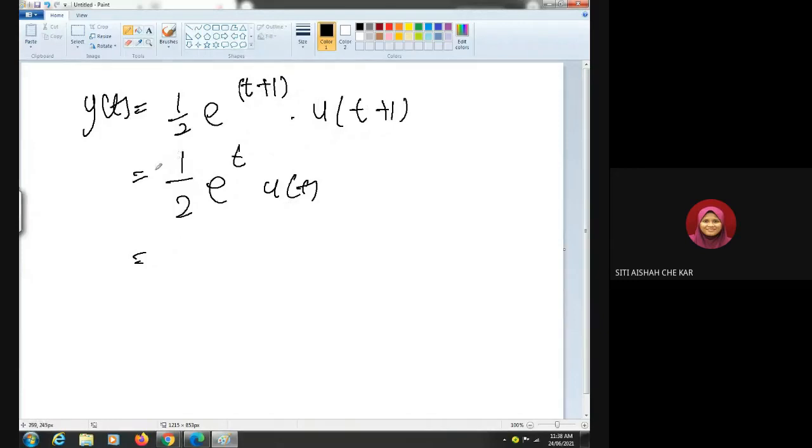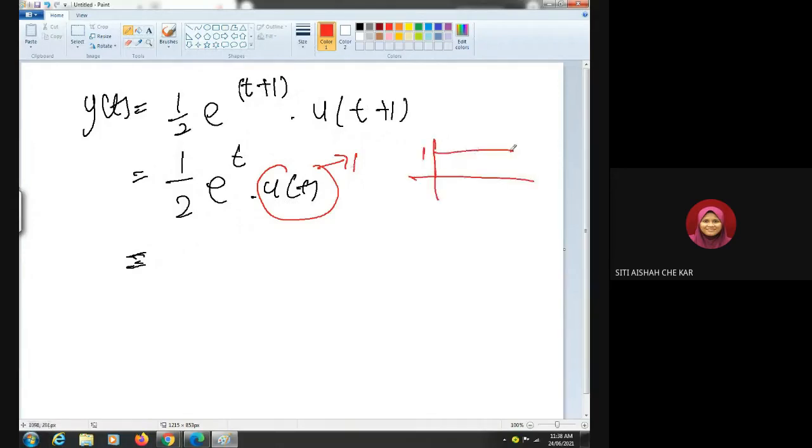Okay. So Laplace t/2 exponent t dapat apa? So Laplace ut ni you just abaikan sebab ut ni nilai dia 1. Apa-apa saja darab 1 dapat jawapan ni balik lah, sebab graf ut kan 1.